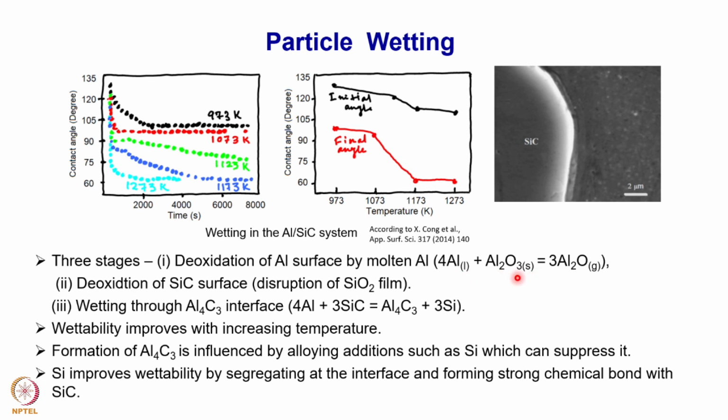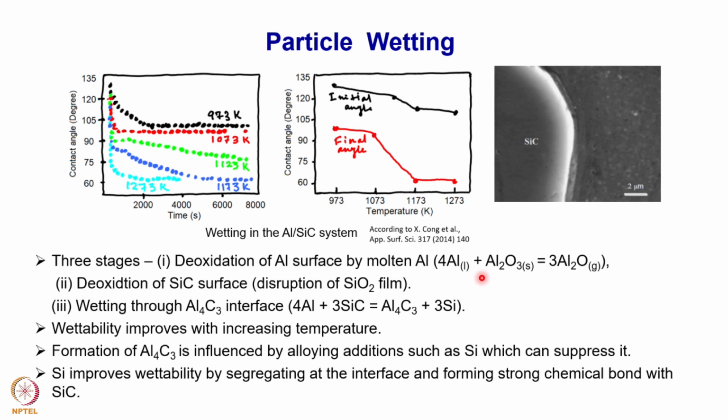Aluminium is prone to oxidation, so when the reinforcement is added, chances are fresh aluminium surface will not come in contact with the reinforcement. Rather, there will be a layer of aluminium oxide, and this will prevent the bonding between the ceramic reinforcement and the aluminium metal. Okay.